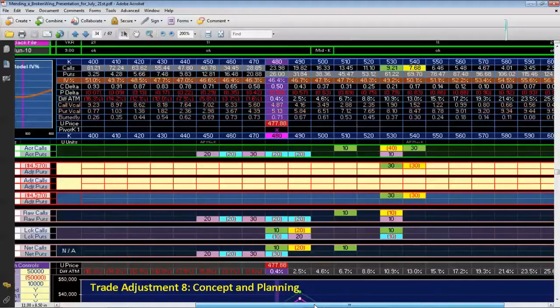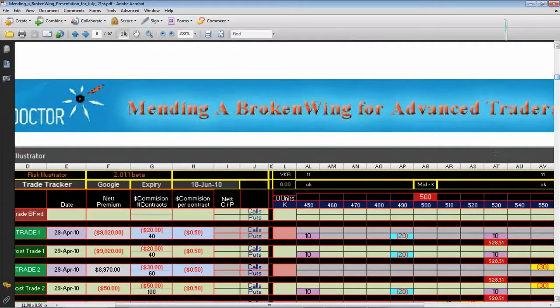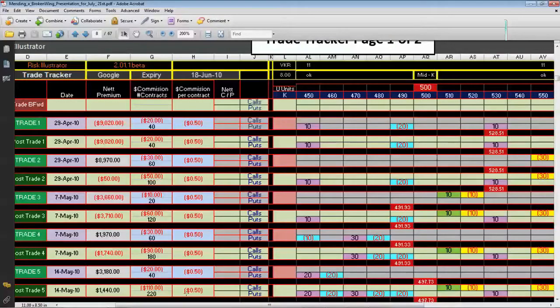So my total expenditures is $45.70. To get the actual price of that trade, this is trade adjustment 8. We can go up to here. Trade 8. Trade 8 was going for... I don't have that. Let's see. Do I have the individual price of the spread?